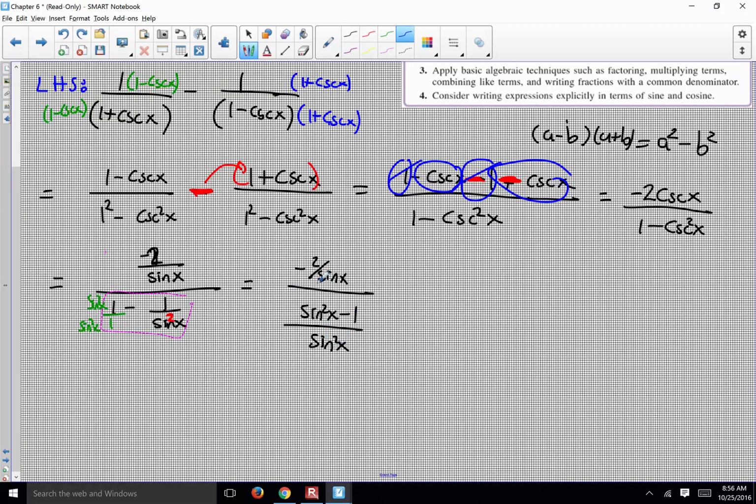And look what's going on. One of the sines is gone. And we have minus 2 over sine squared x minus 1 over sine x. Now can I flip and multiply? Yes, let's do that.